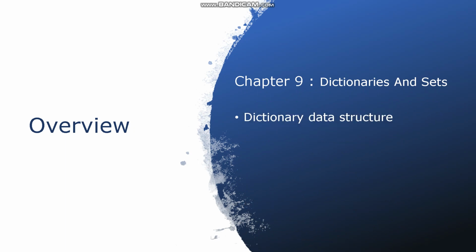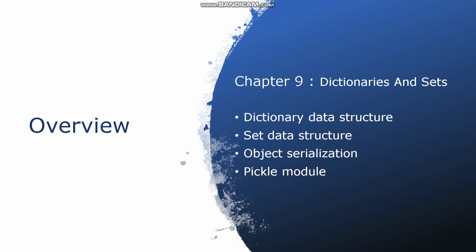The student learns to store data as key-value pairs in dictionaries, search for values, change existing values, add new key-value pairs, and delete key-value pairs. The student learns to store values as unique elements in sets and perform common set operations such as union, intersection, difference, and symmetric difference. The chapter concludes with a discussion of object serialization and introduces the student to the Python pickle module.